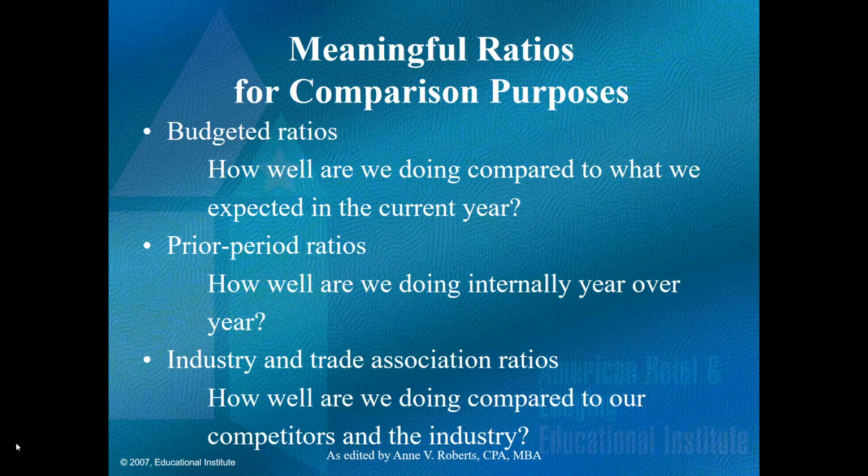Then we go outside, to external comparisons. So now we compare to our industry competitors or the industry standard ratios, okay? So stay internal first, determine comparison to budget, then stay internal and go year-over-year comparison, then go external to industry competitors and industry standards, okay?